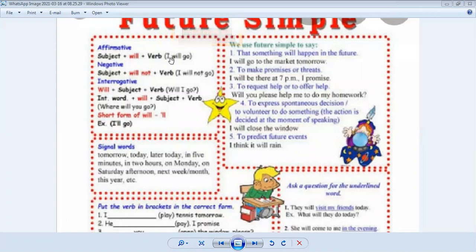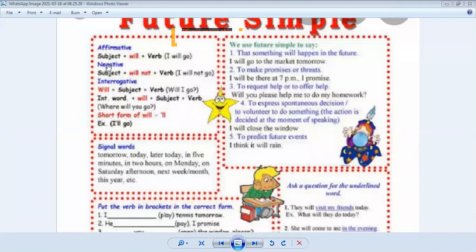Like here, I will go to the market tomorrow. Tomorrow is a key word for the future simple tense. So the verb is going to be will plus the infinitive form of go.